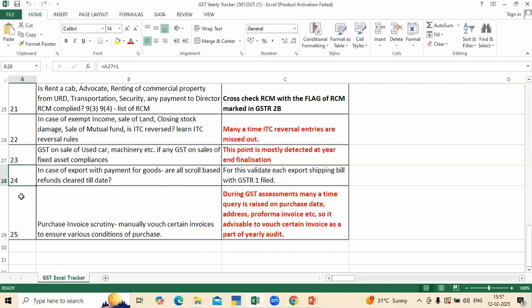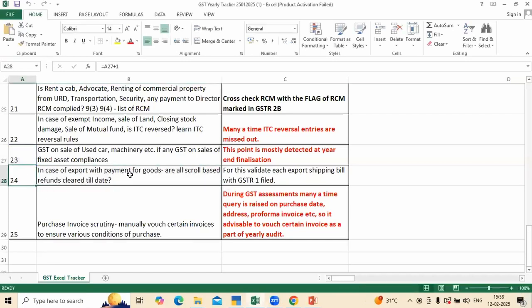Now moving to the next point. In case of exports with payment of tax, are all scroll based refunds cleared or not? This is again interesting, and many of you might already know the concept of scroll based refund. So friends, what is the concept of scroll based refund? For exports with payment of tax, the refund comes automatically on clearance on the customs portal.